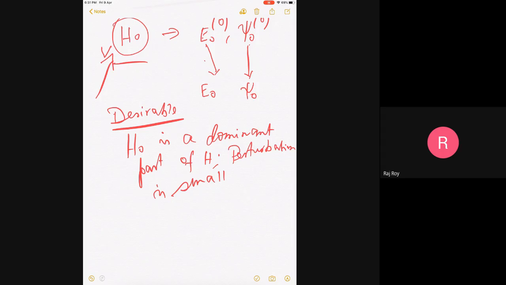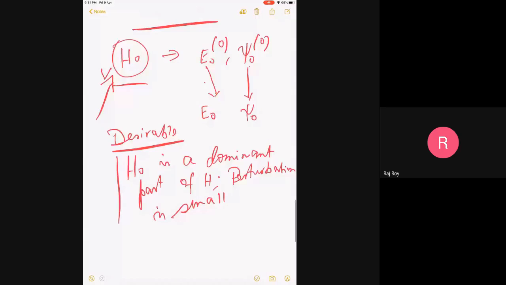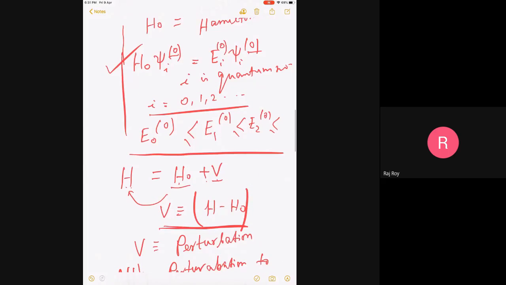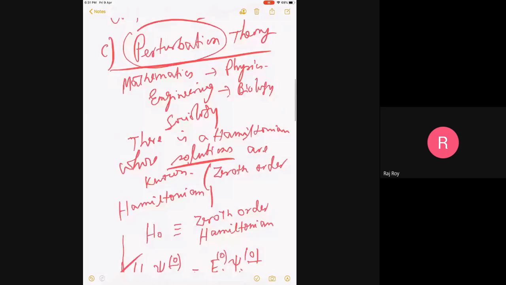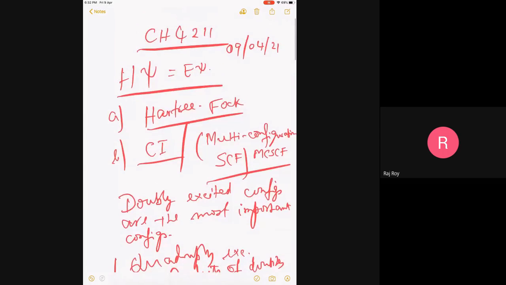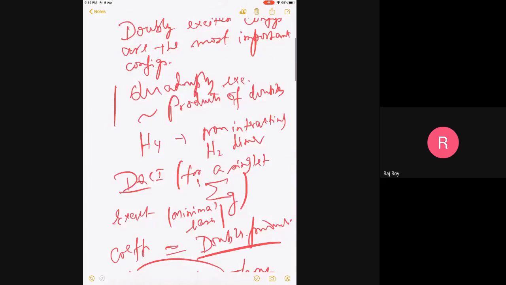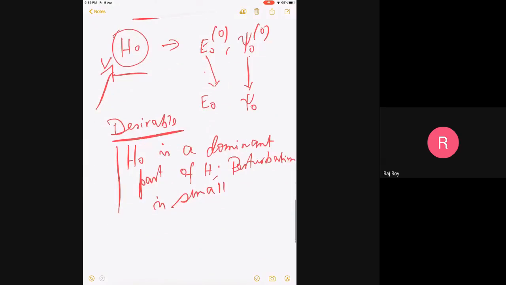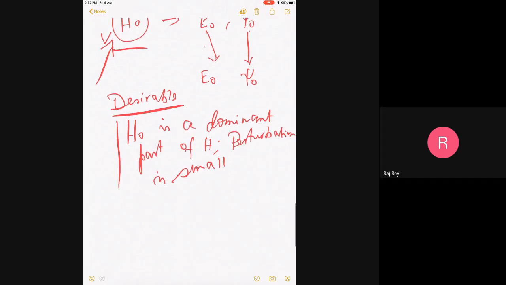But the qualitative sense is very clear: the identification of H naught is not just to have an H naught whose solutions are known, but H naught should be as close to H as possible. So this is a rather qualitative statement. It should be the dominant part of H, which means the perturbation is very small. This is one of the features.